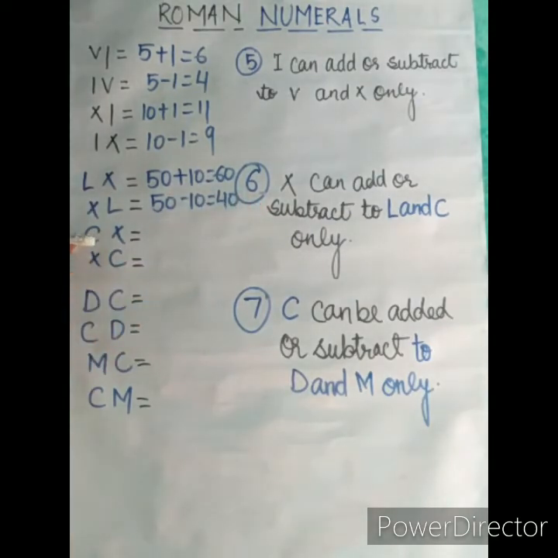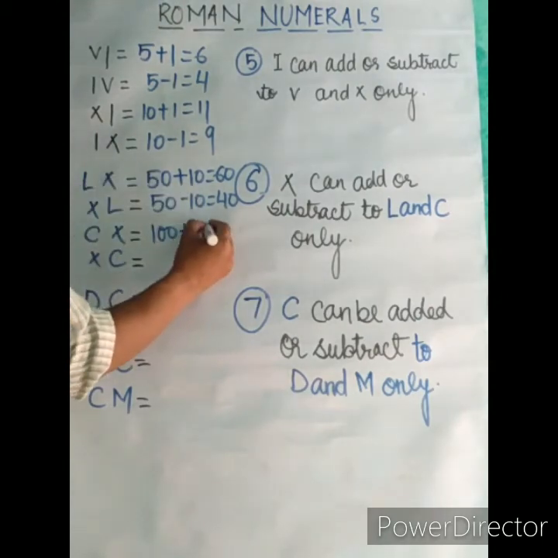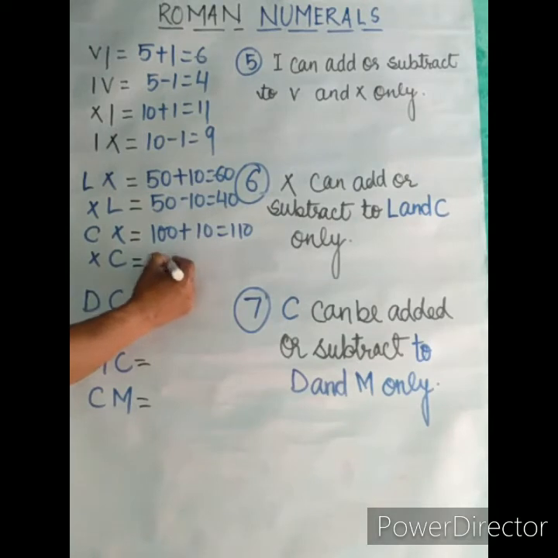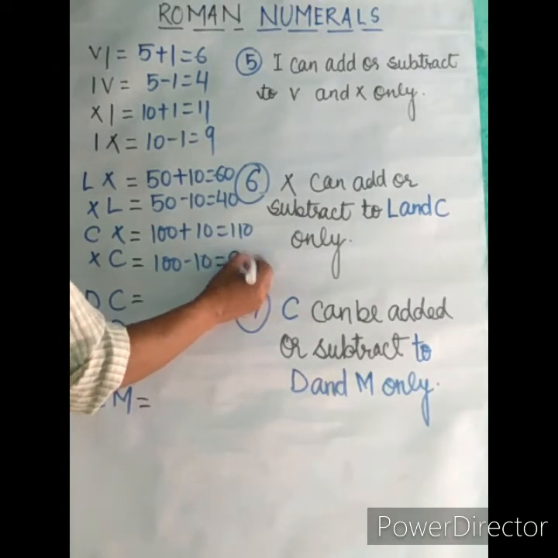Here C is equal to 100 and the smaller symbol X is to the right side, we will add it. X means 10, so 110. Here 100 minus 10, because X is written to the left side, so here 90.